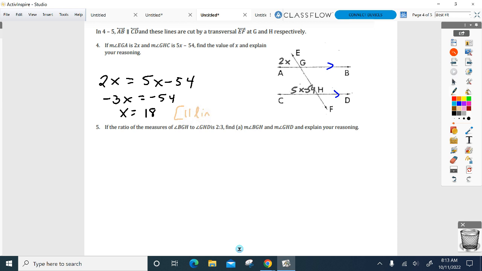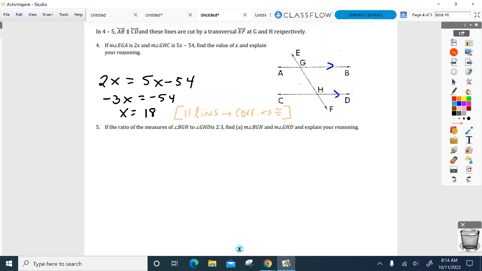Parallel lines imply corresponding angles. Congruent. Any issues? One more? Okay, let's see if anybody remembers these from our first unit.